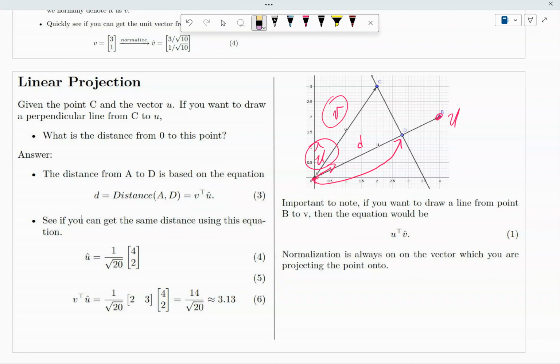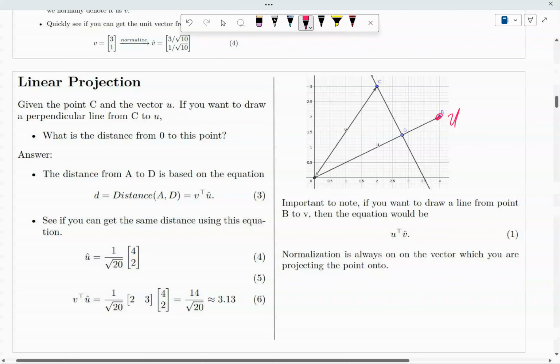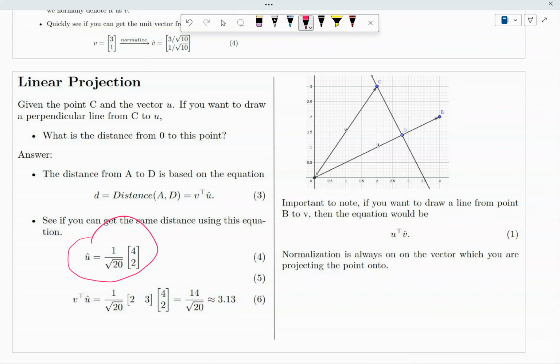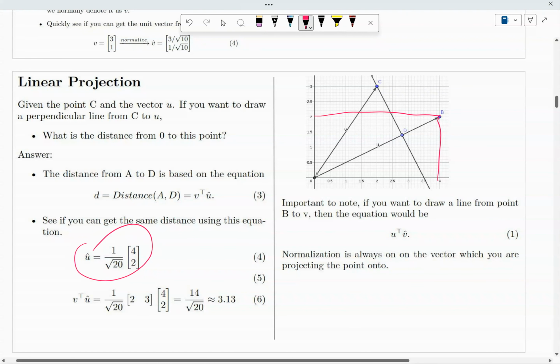All you need to know is if you want to find this distance d, you simply have to do the dot product between v and u hat. Okay, v and u hat. And that will calculate the distance. And you see that u hat is approximately this, right? Because this is 4, 2, and that's the vector. And if you divide by the distance, which is 1 over square root of 20, this is u hat. Now, the other vector is v here, which is 2 and 3.